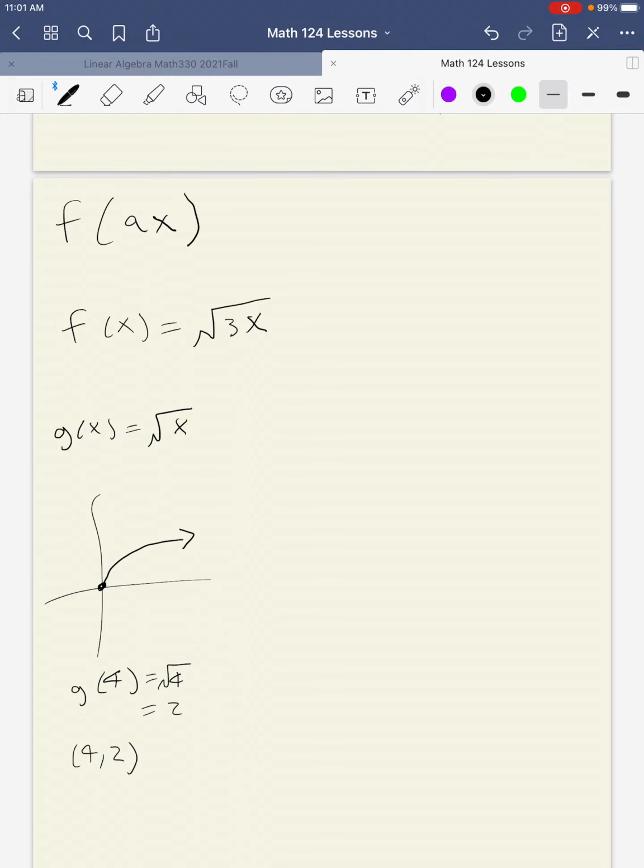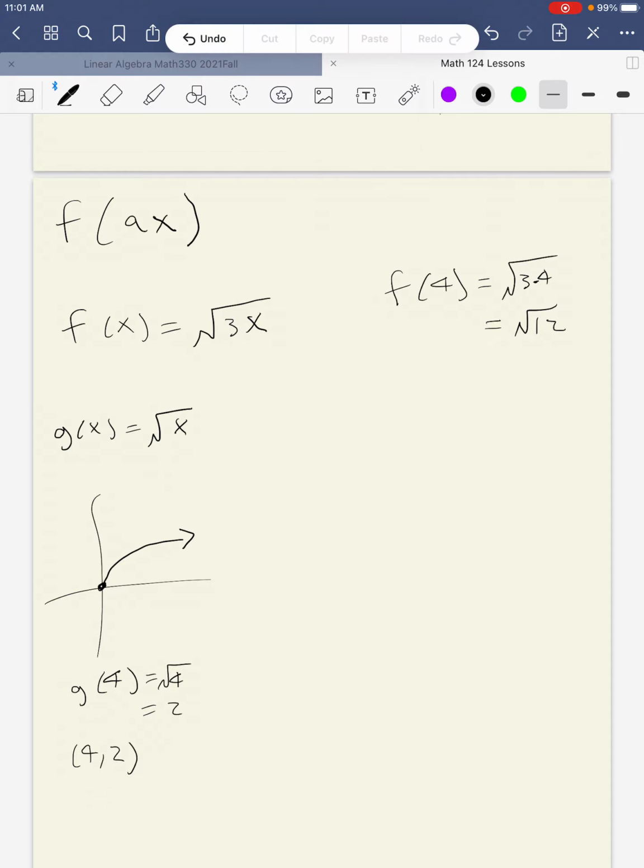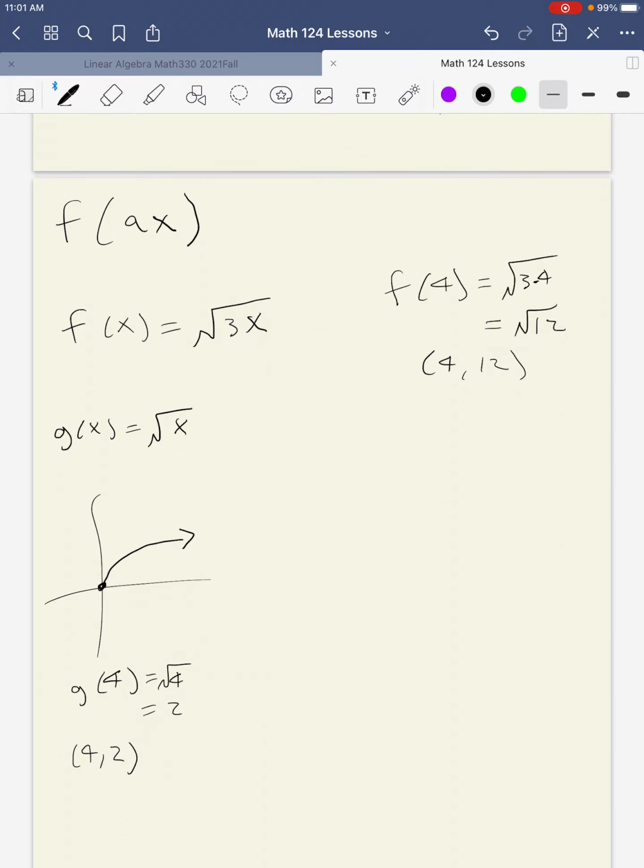Now let's plug in a number to the f. Plug in 4. What do we get? The square root of 3 times 4, square root of 12. So we plugged in the 4, and get the square root of 12 out.